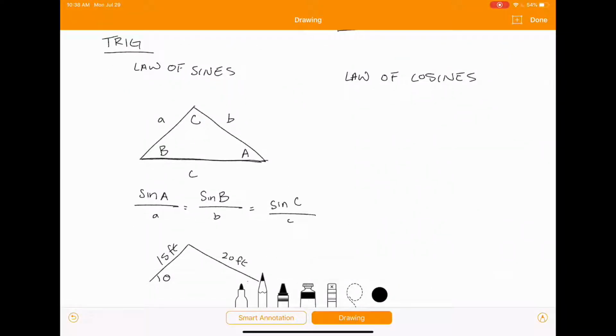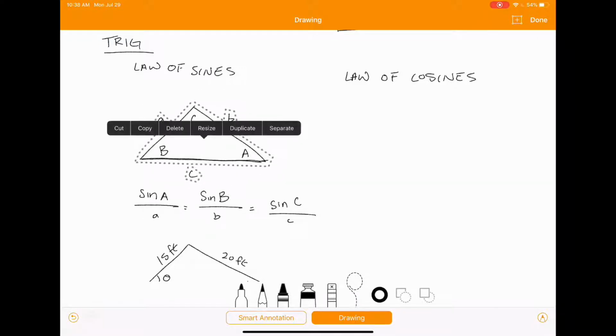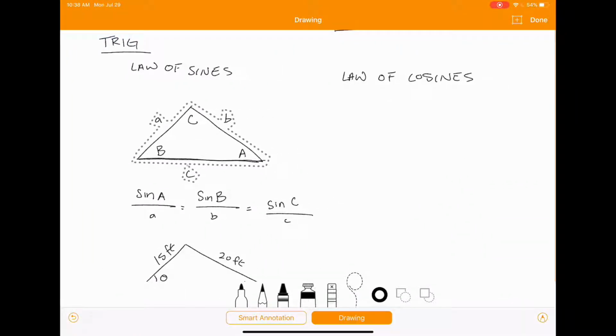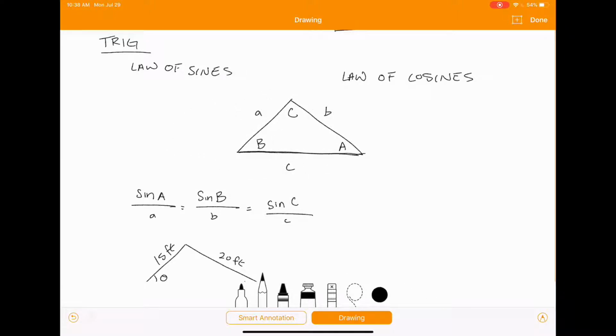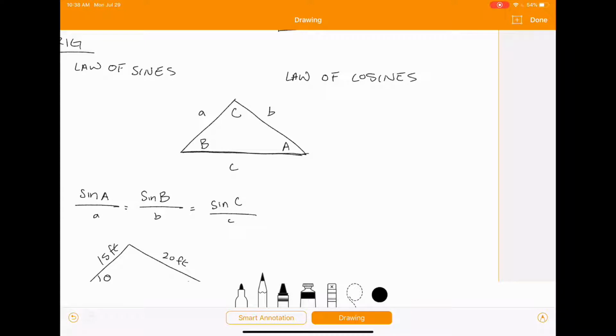Now for the law of cosines, you're going to use the same triangle as a reference, except that the law of cosines says that c squared equals a squared plus b squared minus 2ab cosine capital C, where this over here was little c.